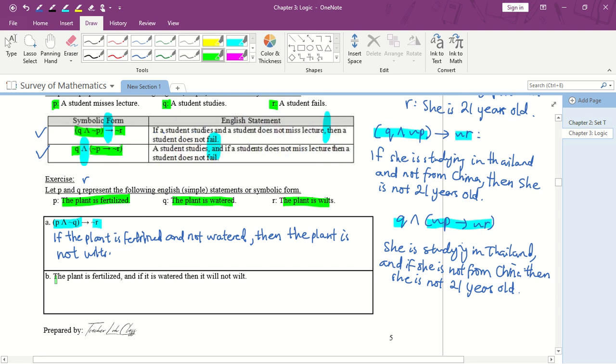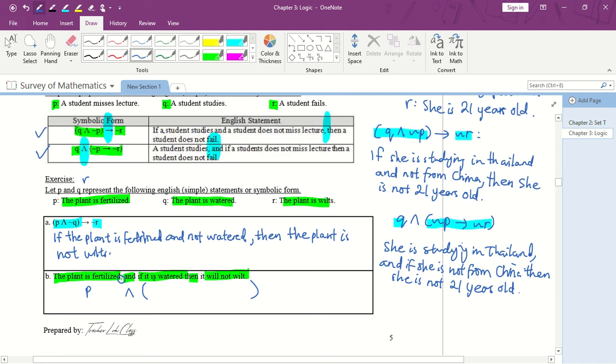The plant is fertilized, okay? And we have a comma. Means that there's something that separates both of them. And if it is watered, then it does not wilt. Okay? So look at here. The plant is fertilized, which means that this is P. And there's a comma here. "And" means "and". We will put the parenthesis here because we know that it has a comma, so it separates both of them.